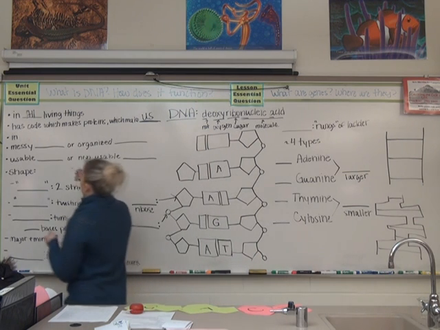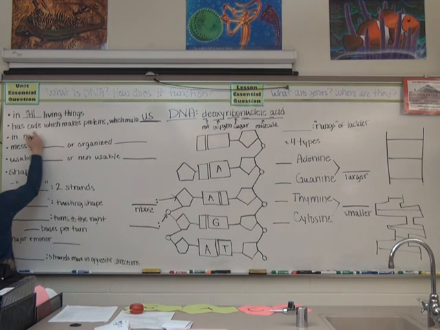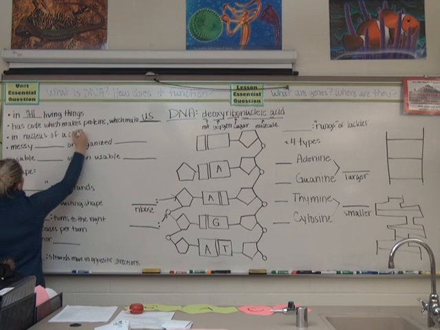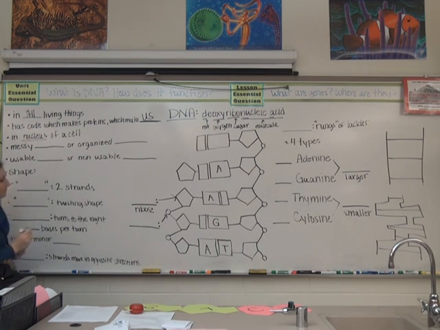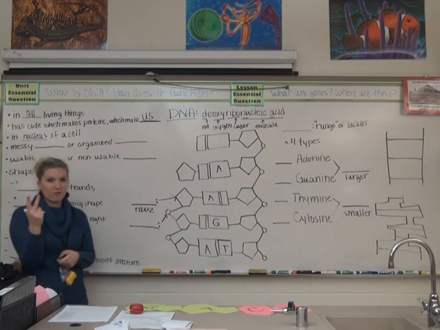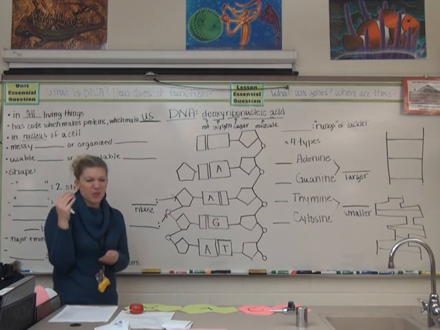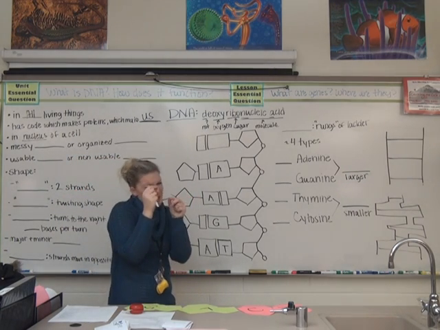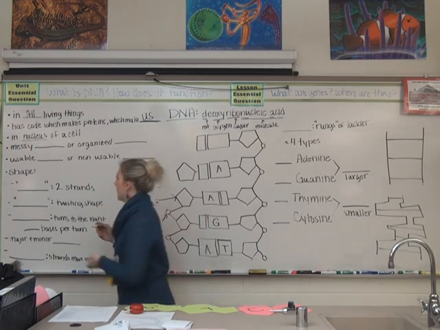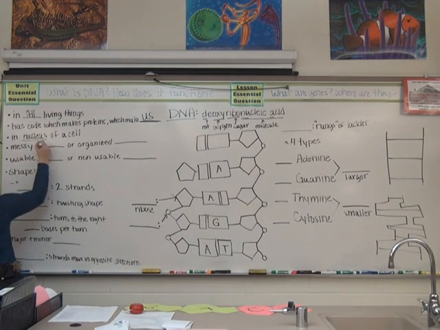DNA is located inside the nucleus of a cell, and it can come in two different forms inside of that nucleus. When it's really messy and crazy and stringy all over the place, it's called chromatin.